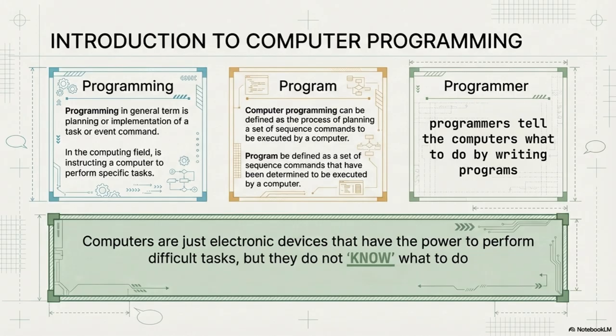While a program can be defined as a set of sequence commands that have been determined to be executed by a computer. Essentially, programming is the act of creating, and the program is the result.